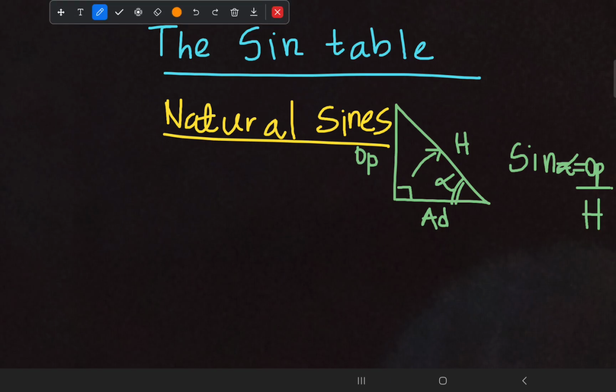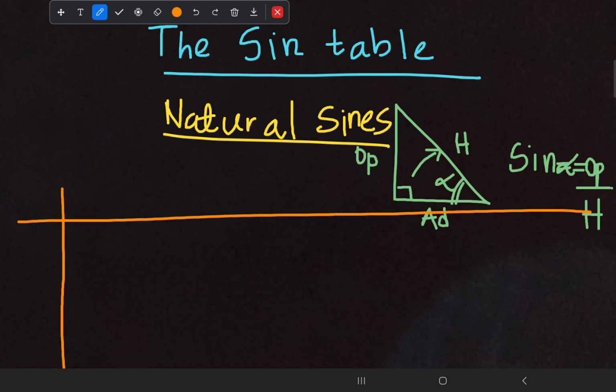Then let's find some values in the sine table. For your reference, I'll show the sine table. Here our degrees are indicated, something like 40 degrees, 41 degrees, 42 degrees, 43 degrees, going down.